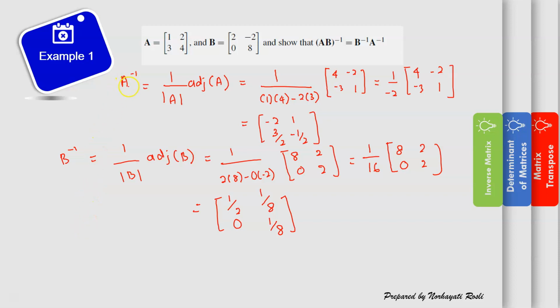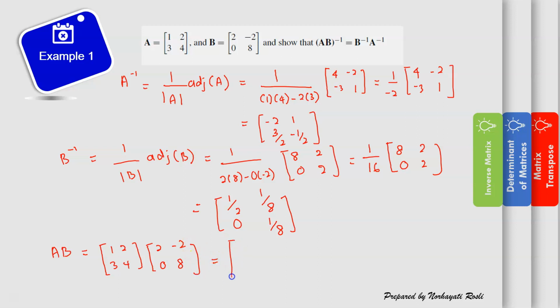And now we have this A inverse and B inverse. Then we need to compute A multiplied by B. In this case, we have 1, 2, 3, 4 multiplied by the matrix 2, negative 2, 0, 8.